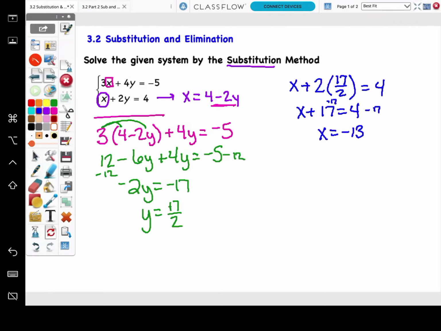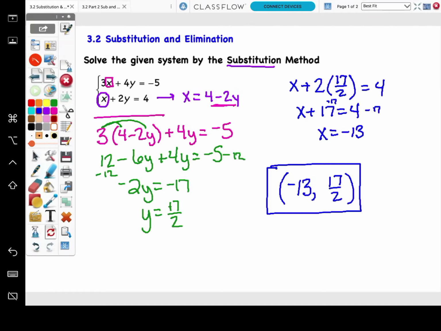And if I subtract 17 on both sides, I believe that's negative 13. So I have a solution of negative 13, 17 halves. Okay, and your answers should always be written as ordered pairs with x first and y second, alphabetical order always.